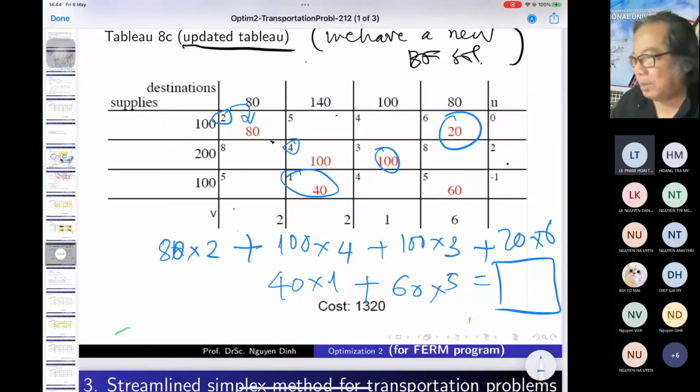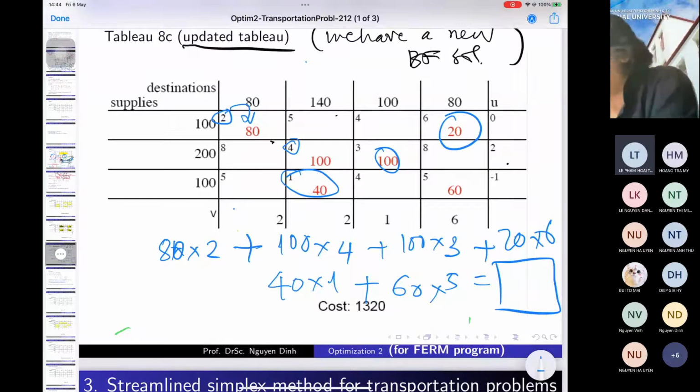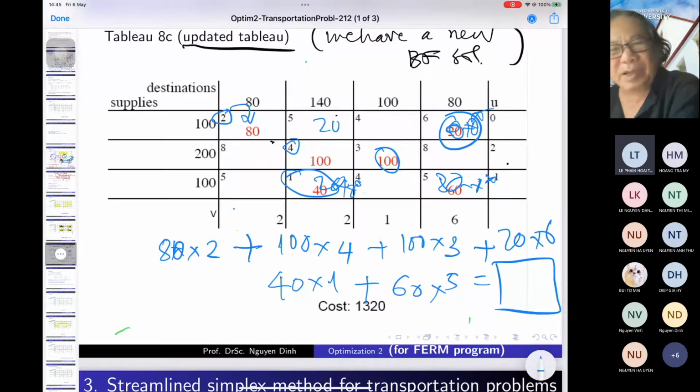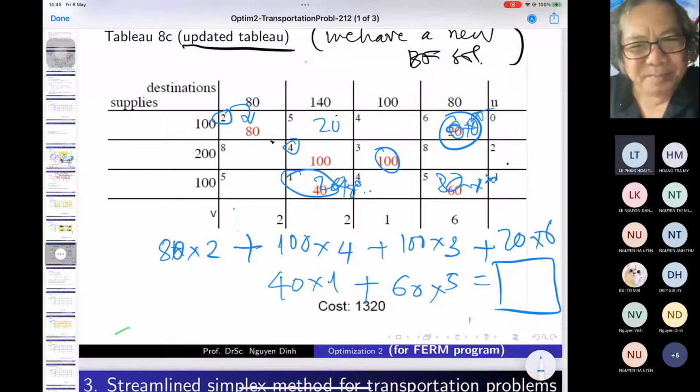They don't know why here is 20. For example, at the last time it's 20. That is 20. That is 80. That is 0. Why do you put theta star here? Why minus theta here? Where is plus theta, or something like this? See?